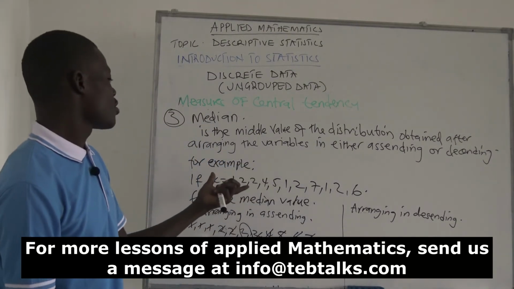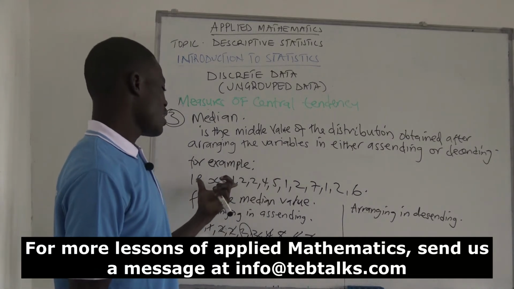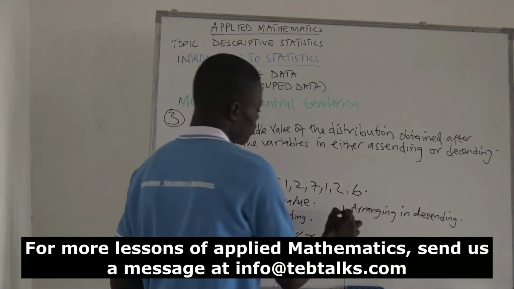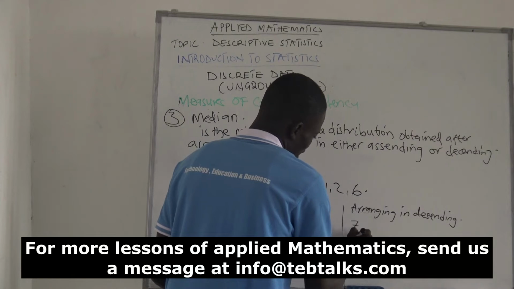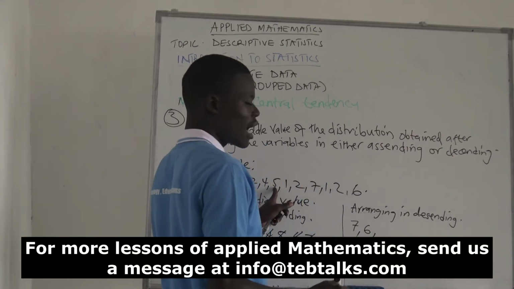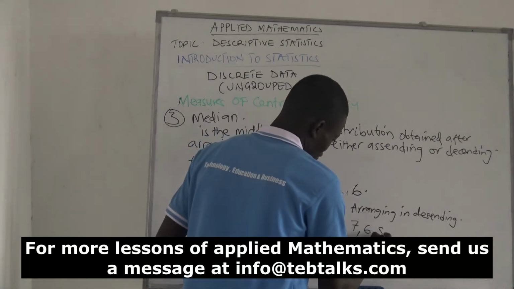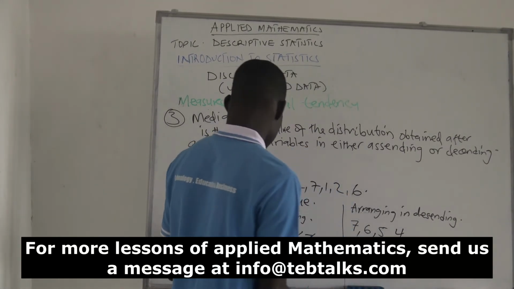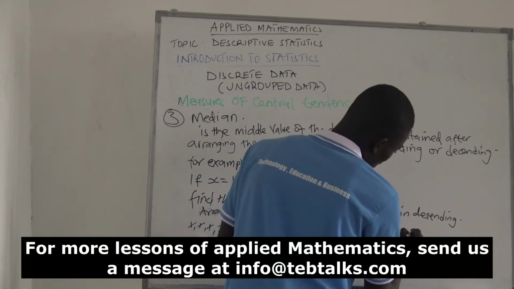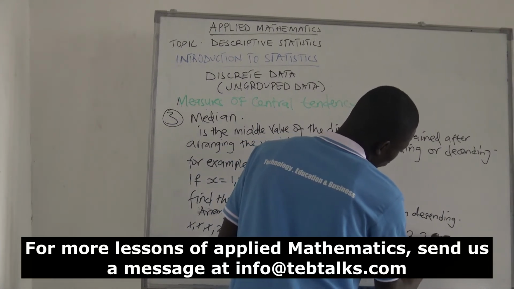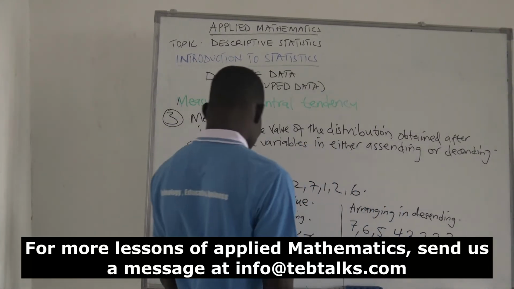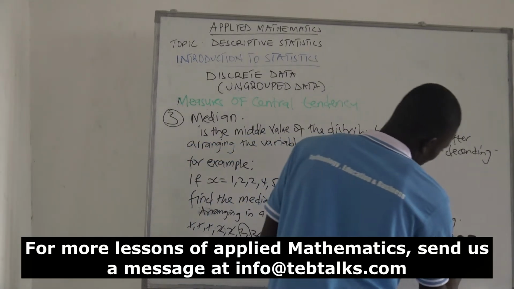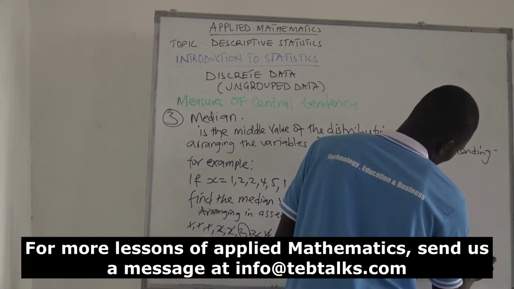In these numbers, the highest is 7, then 6, then 5, then 4, then 2, which appears 4 times, 2, 2, 2, 2, and then 1 which appears 3 times, 1, 1, 1.